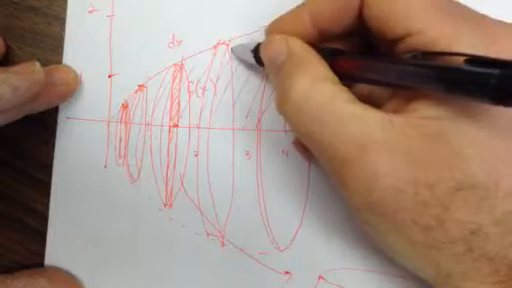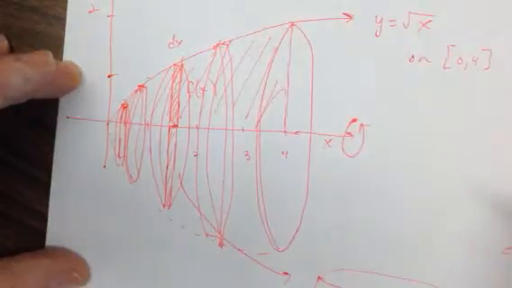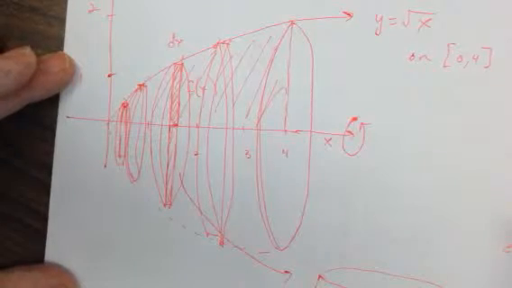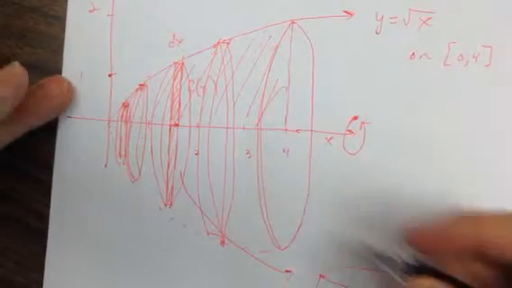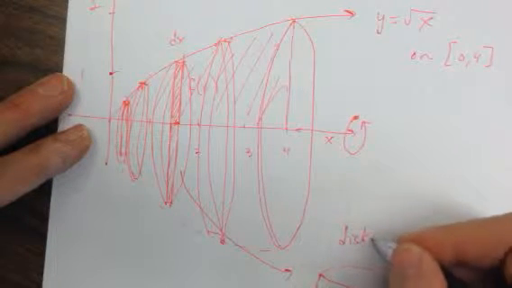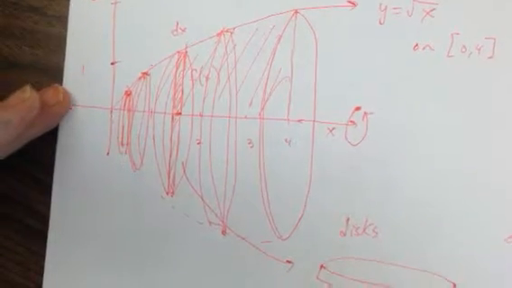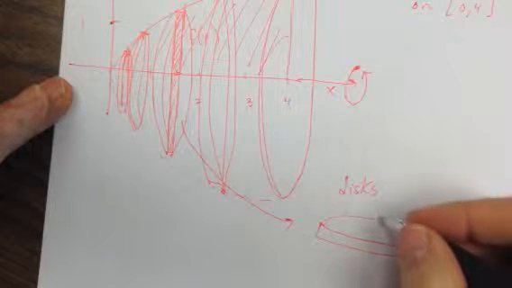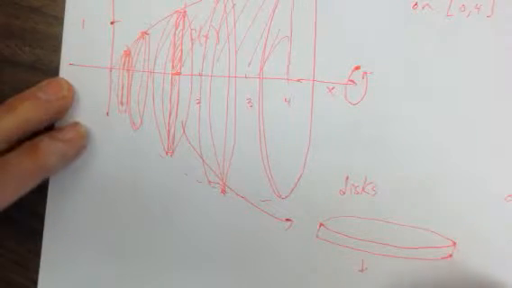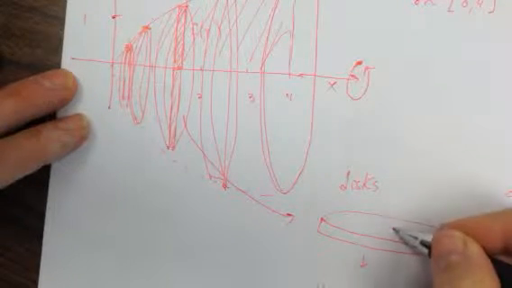In the same sense that we calculate the area by adding up a whole bunch of rectangles, we're going to calculate the volume by adding up a whole bunch of these discs. If you're reading examples in the book, they'll call these discs, but they're really just cylinders. And the volume of a cylinder is pi r squared h.